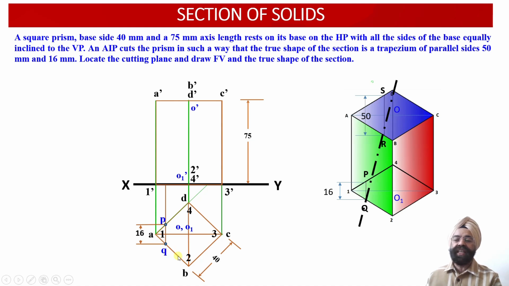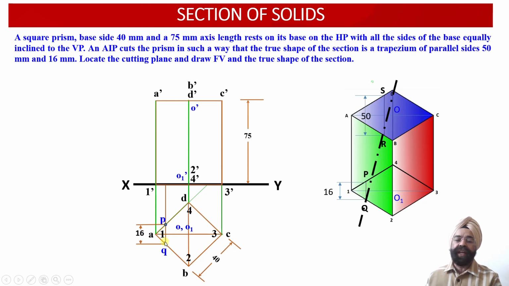What are those adjacent edges? The adjacent edges happen to be 1, 2 and 1, 4 over here. So onto these two adjacent edges which lie on one side of the axis, 2 points P and Q have been obtained, which are separated by the distance 16 millimeter perpendicular to the vertical plane.